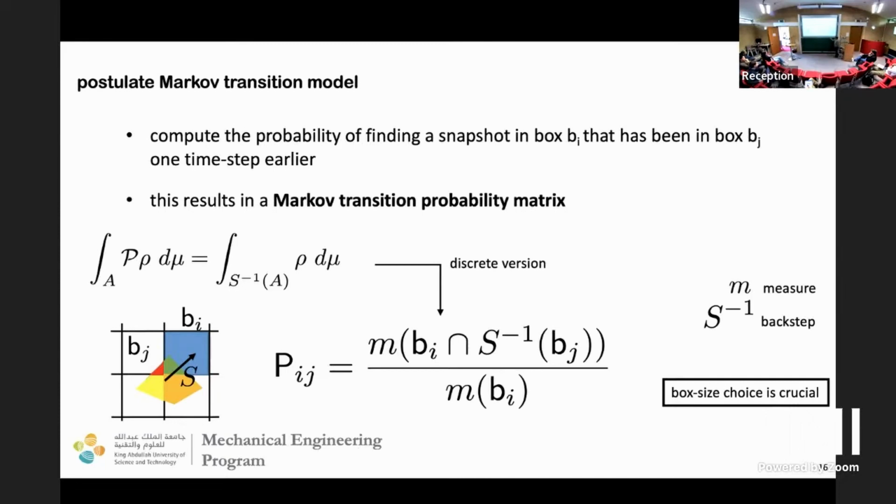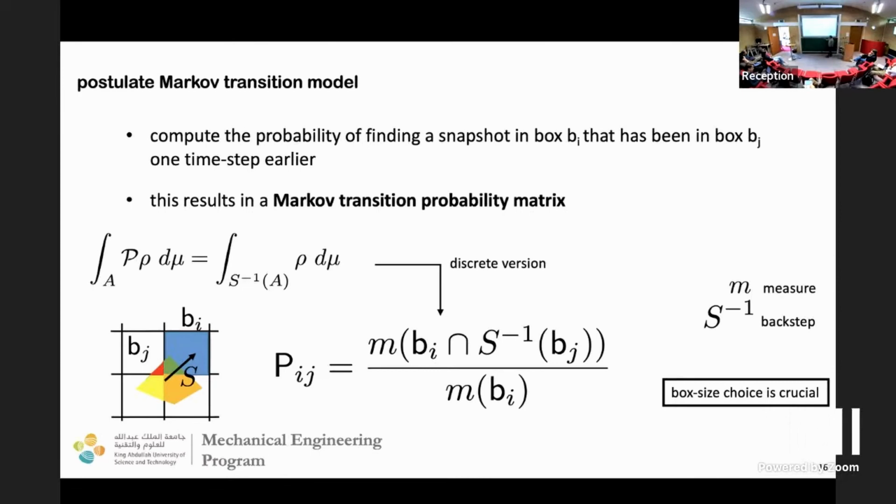This is the discrete version of this integral here that defines Pij. Now this one is discretized in terms of i and j boxes, where we have a probability measure of finding something in the box Bi that was one time step back in box Bj, divided by all trajectories that end up in Bi. Okay?